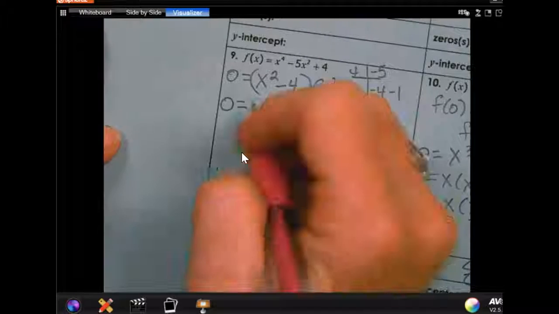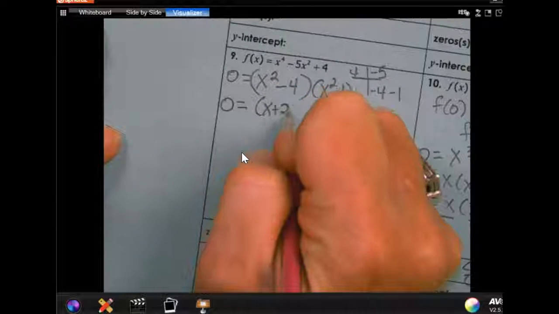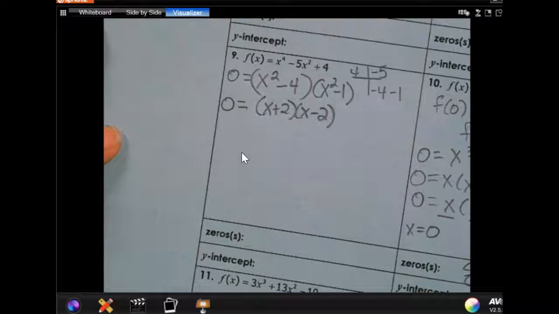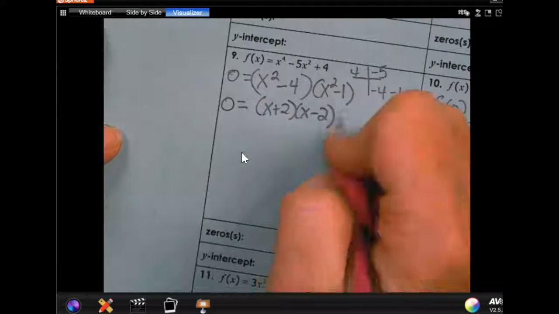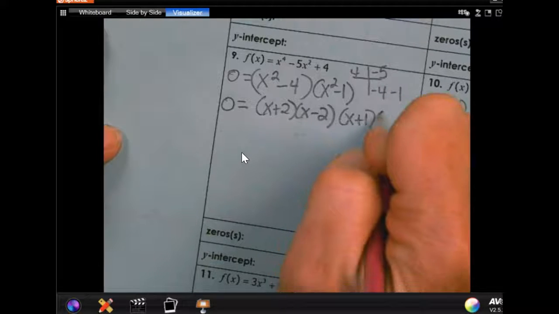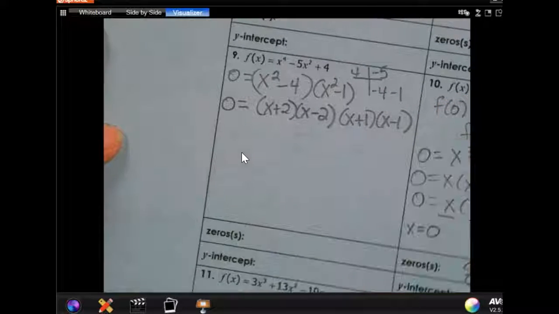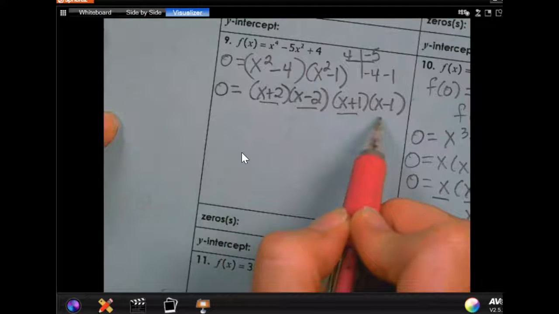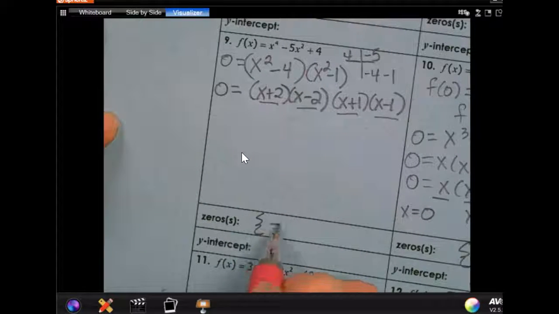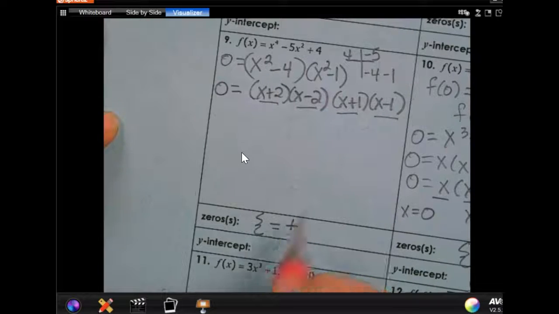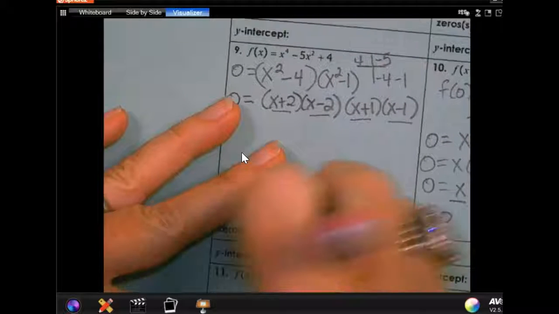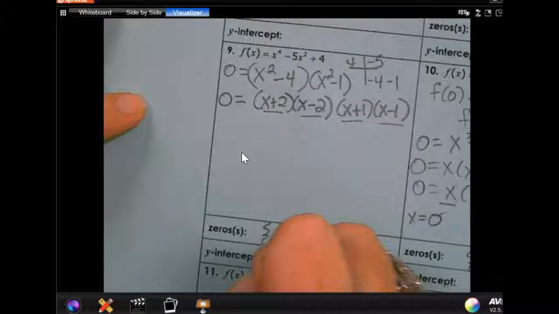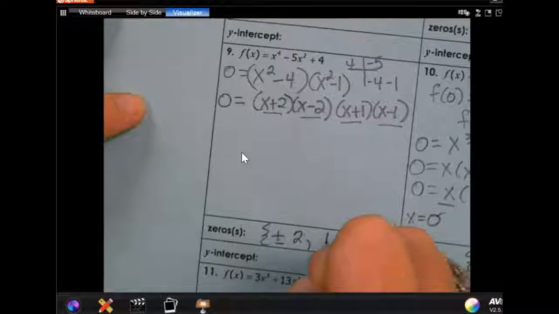It's a square, right? So I can do x plus 2 and x minus 2. And how about the x squared minus 1? Perfect. So if I set each of these equal to 0, my zeros are going to be plus and minus 2 and plus and minus 1.